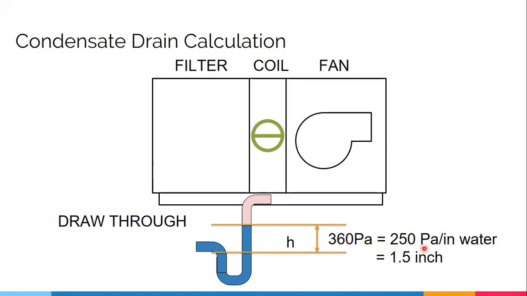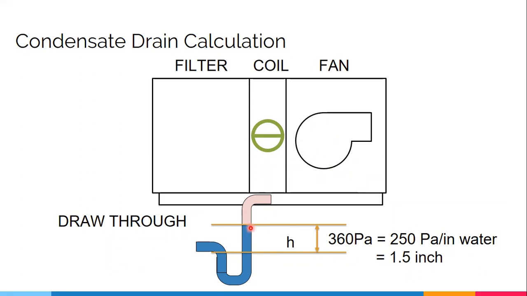So 250 Pascal per inch of water. A fan generating 250 Pascal of pressure affects water by 1 inch. So this fan will experience at least a 1.5 inch raising of water.